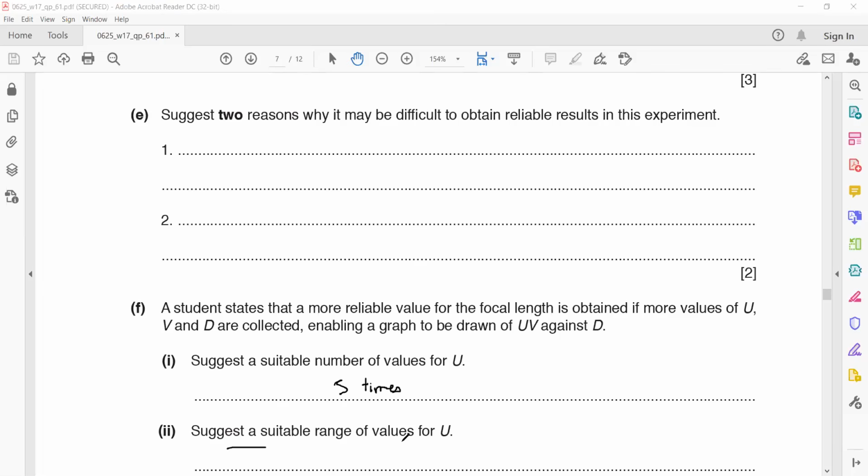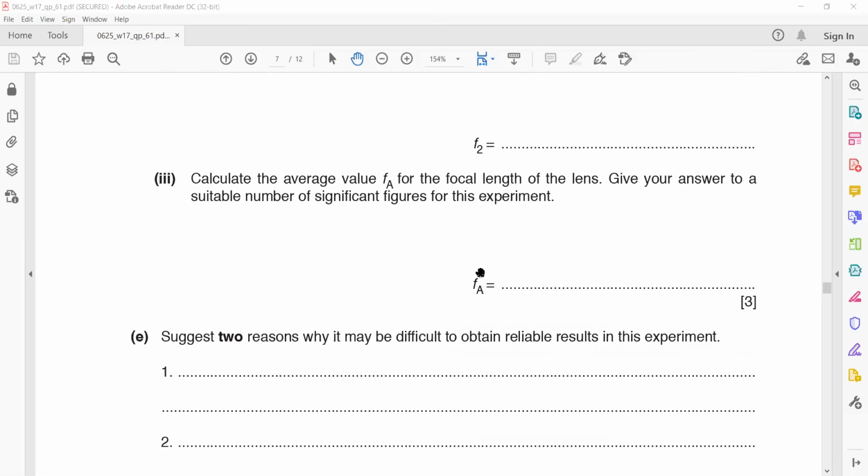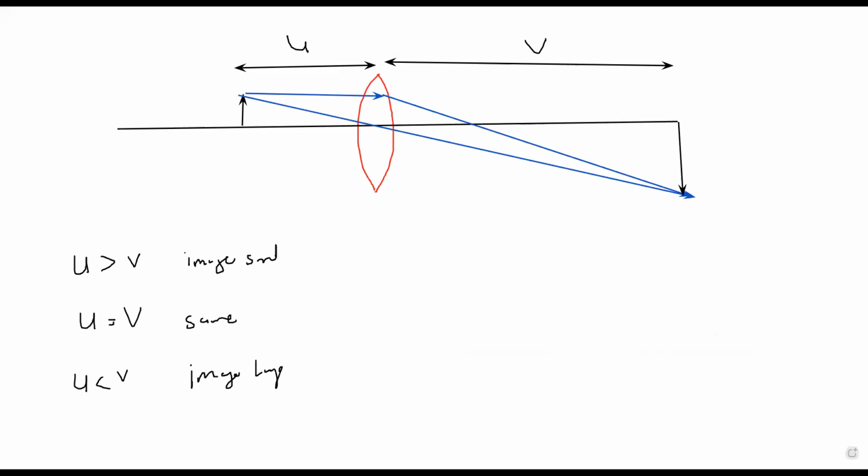Suggest a suitable range. Look, how to identify the range? As you can see, we are using this lens experiment.